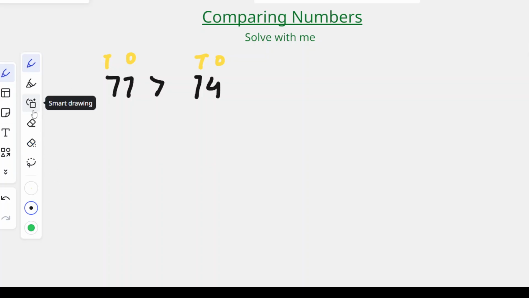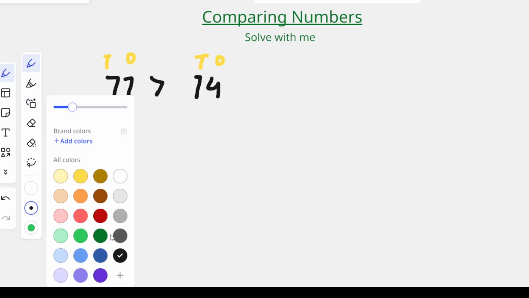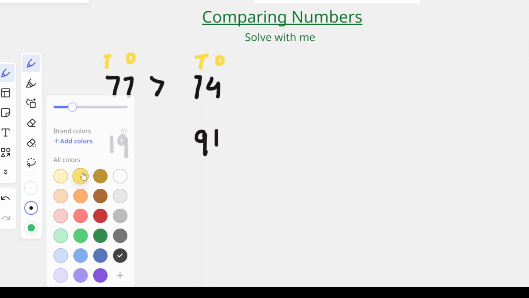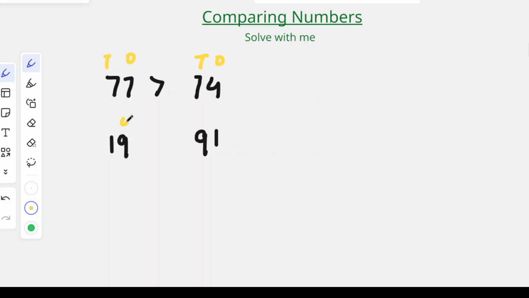Now, the next comparison will be between 19 and 91. Again, we will follow the same process. Ones and tens, both the numbers have two digits. We'll compare the digits at tens place.